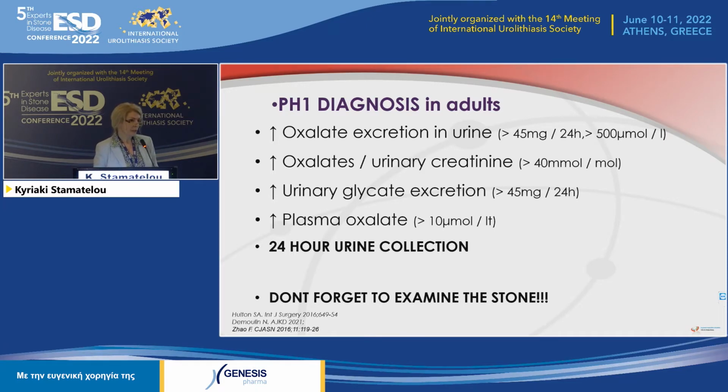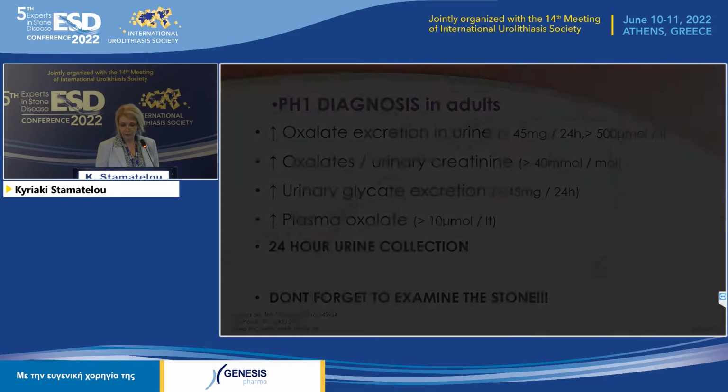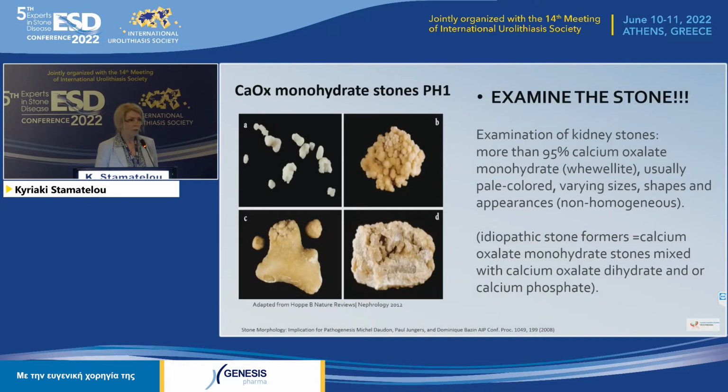And we shouldn't forget to examine the stone. Sometimes we might even have the stone available before suspecting the problem. So don't forget to examine the stone. Why? Because when you examine the stone, 95% of the stones contain calcium oxalate monohydrate, whewellite, and they usually have a pale color and a characteristic style and type.